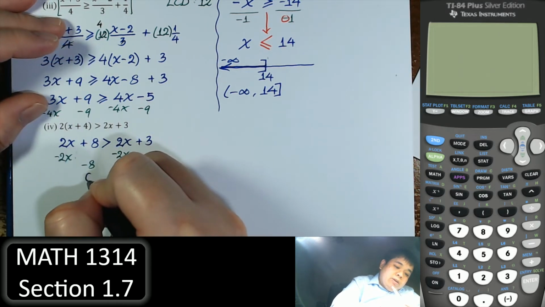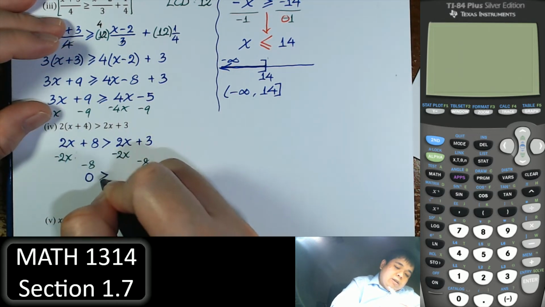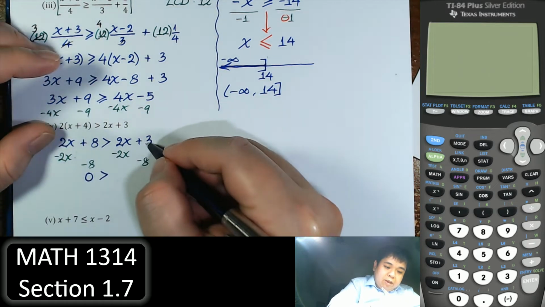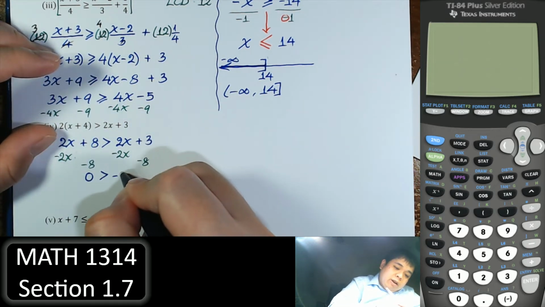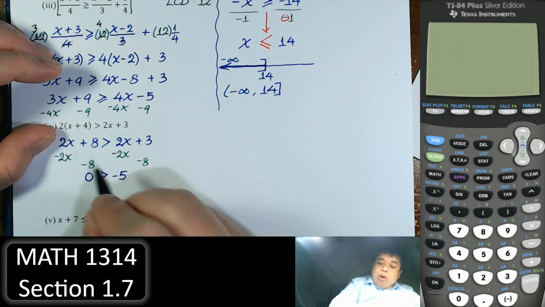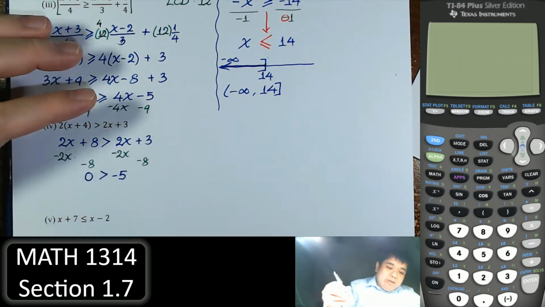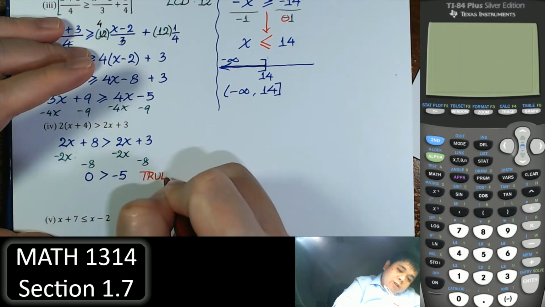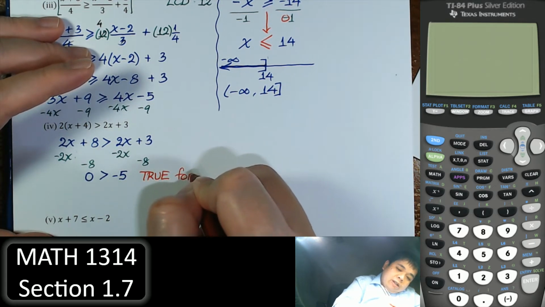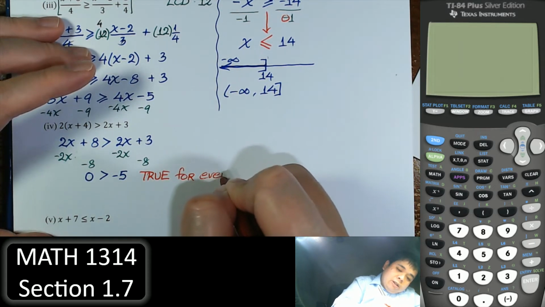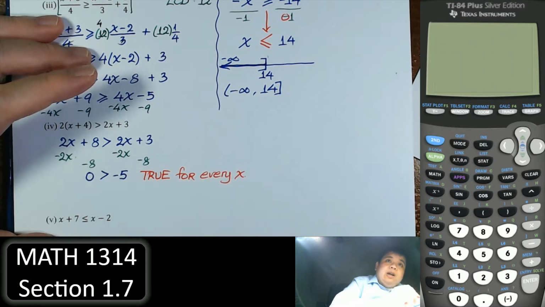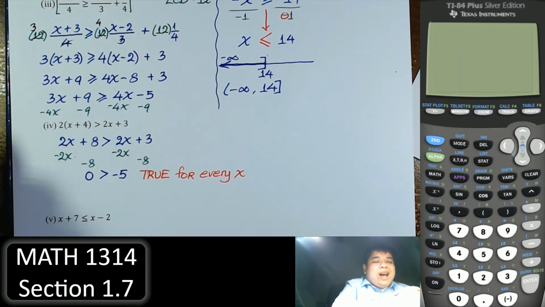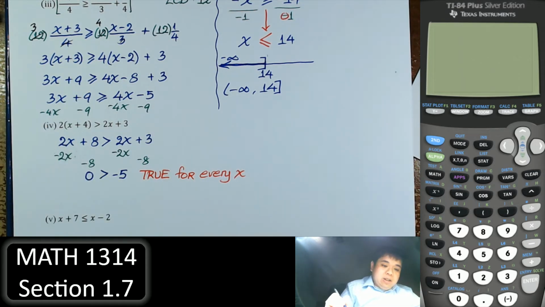And we have 0 greater than negative 8 plus 3, which is negative 5. Notice what we have here is 0 greater than negative 5. This is true for every x. Meaning, it doesn't matter what x is, it is always true. So the solution is all real numbers.